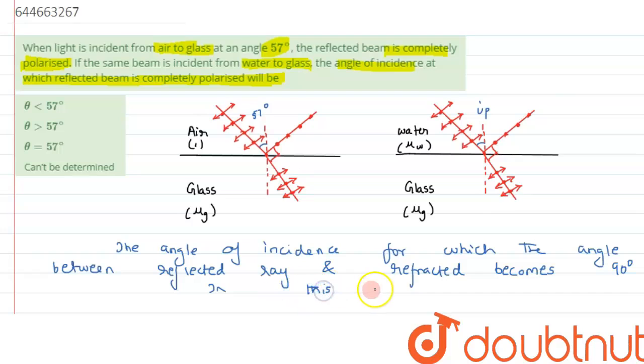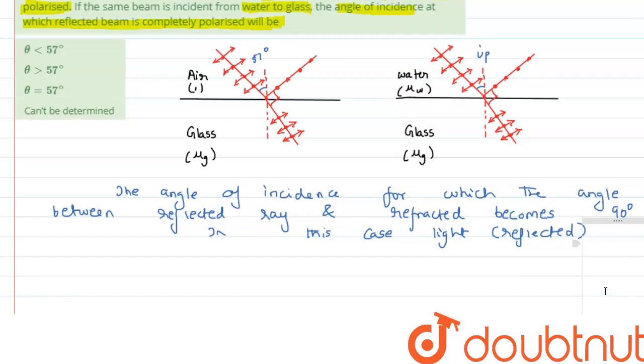In this case, the reflected light becomes completely plane polarized.